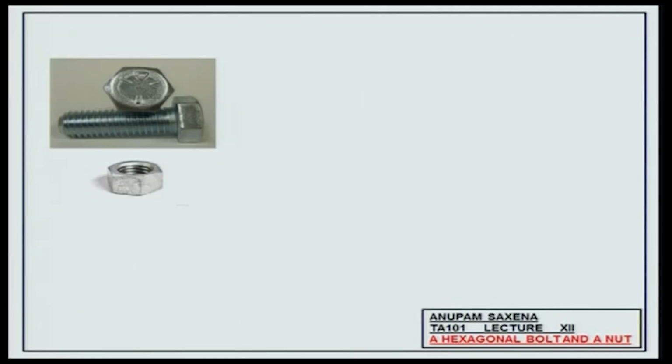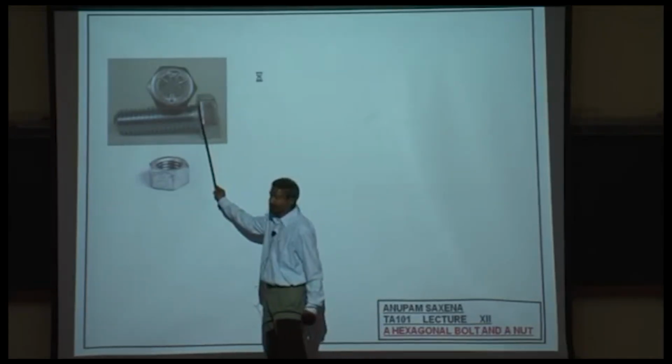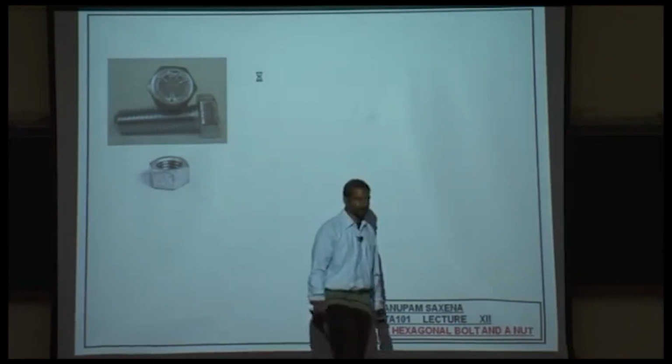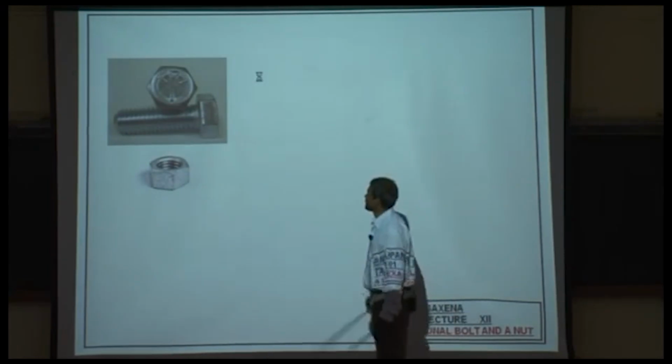Nuts and bolts. People use different conventions, and I'm going to be introducing you to one of them. For the bolt, you have the head, which is hexagonal in nature. You can actually have square heads also. There are different kinds of bolts.